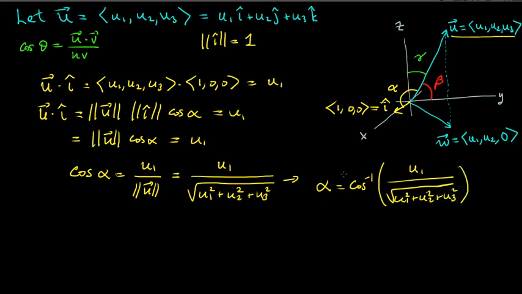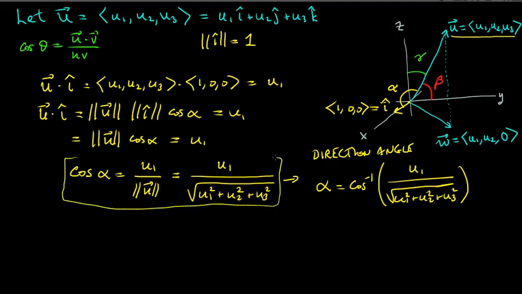Okay, so these are sometimes called the direction angles. So they're the angles that the vector makes with each of the coordinate axes, in this case the x-axis, right? Or if you just want them in terms of the cosine of the angle, these are sometimes just called the direction cosines.